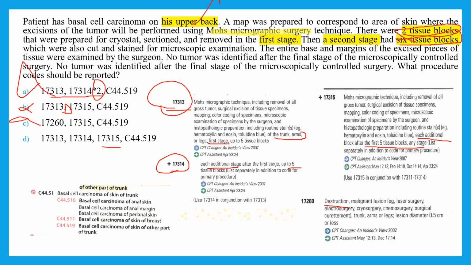For additional stages you should give 17314 multiple times. If we have 3 stages, it means 17313, then 17314 two times. You should not add 17315 at that time. If we have more tissue blocks, for the tissue blocks only you need to add 17315. So the answer is D.